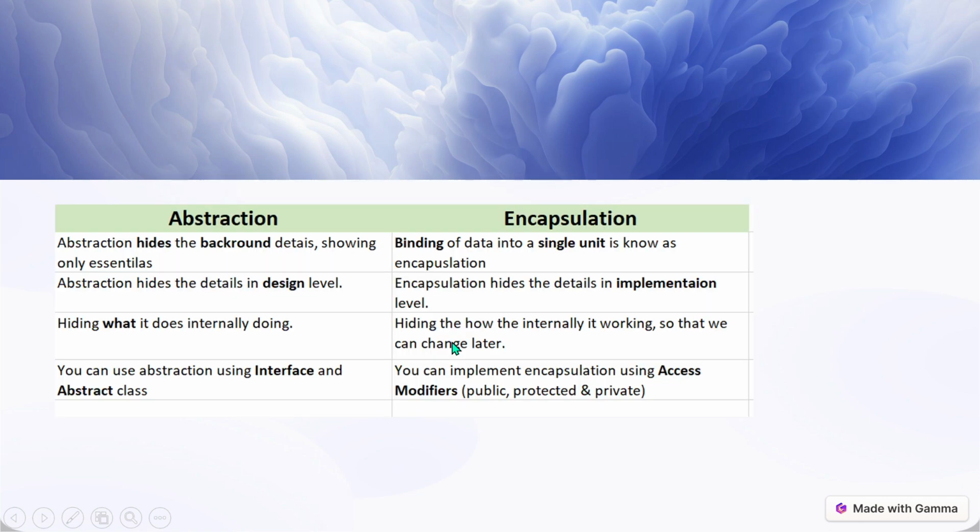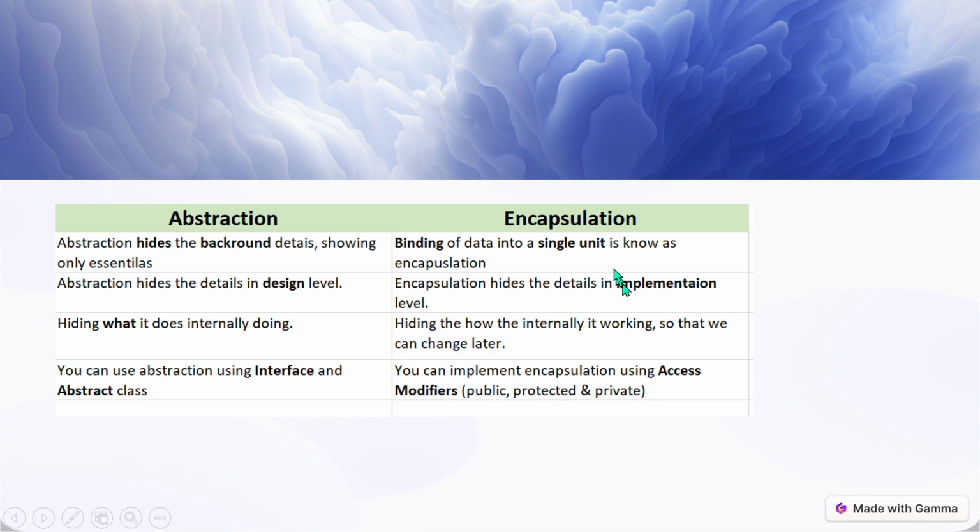Okay, let's see the difference between encapsulation and abstraction. In Java coding, abstraction is implemented by using abstract classes and interfaces. In encapsulation, we implement it by using the public, protected and private access modifiers.